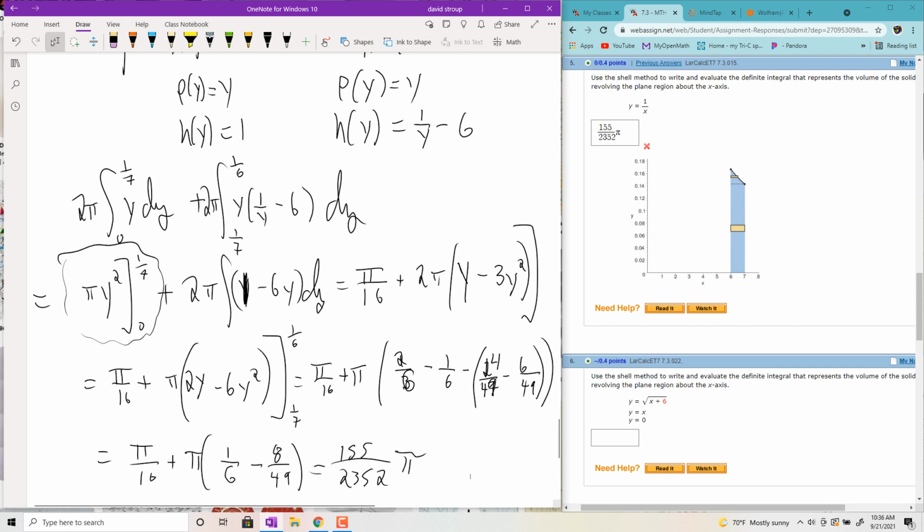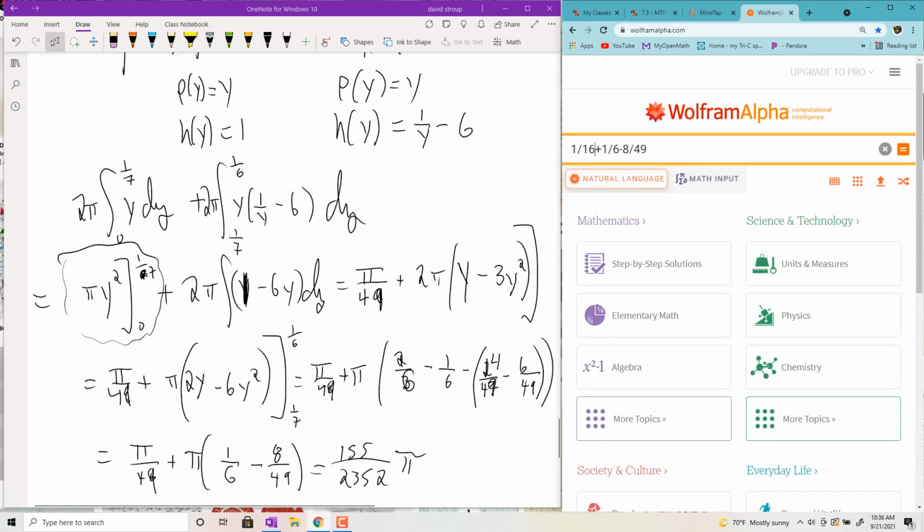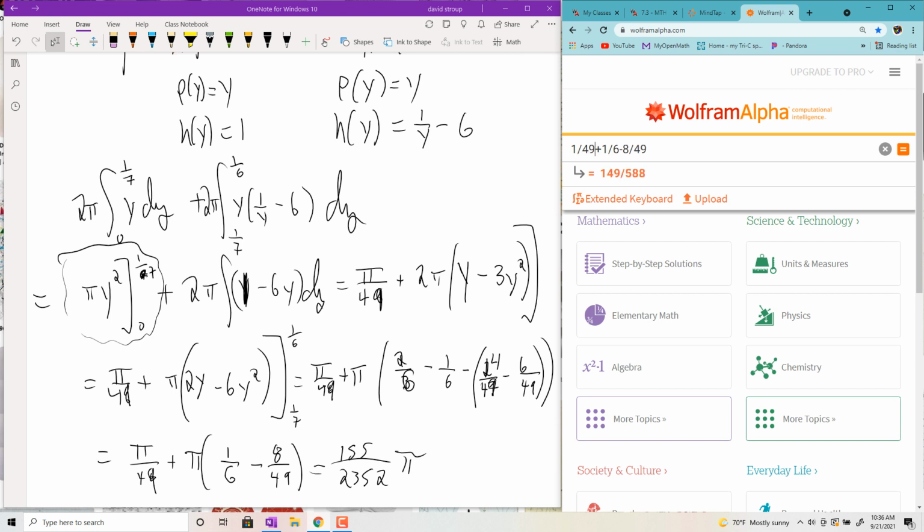Oh, I see. When I wrote my 7, it looks like a 4. This right here should be 1/7. So this would be pi over 49, 49 in there. So let's see if that makes a difference. Over 49.